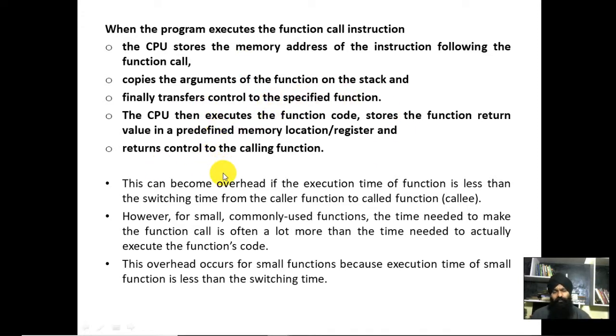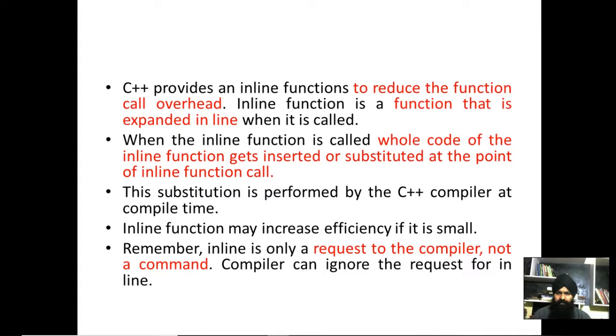So now there's an overhead. If your function is very small, this is a very large overhead to store all that data and other stuff. So C++ provided the inline function to reduce the function call overhead. Whenever you are using an inline function, a copy of the function is substituted at the time of a function call.